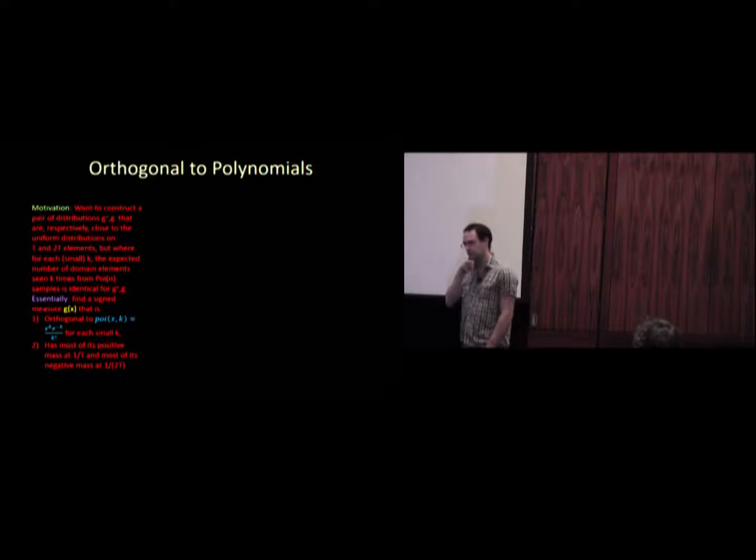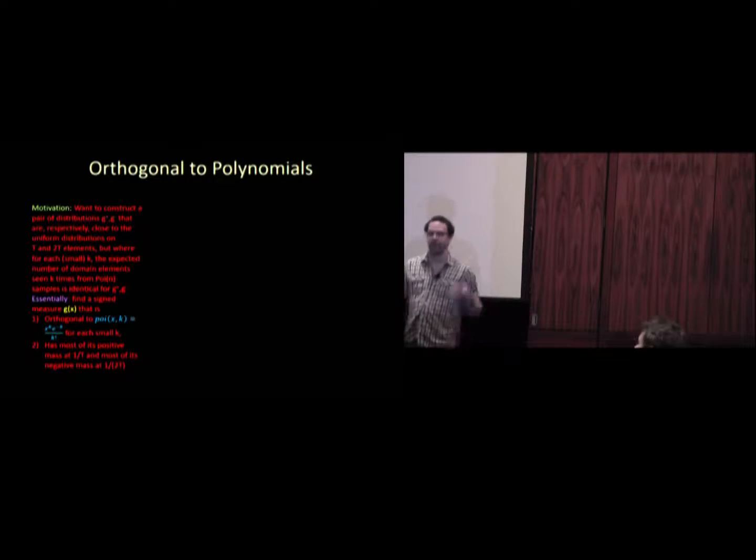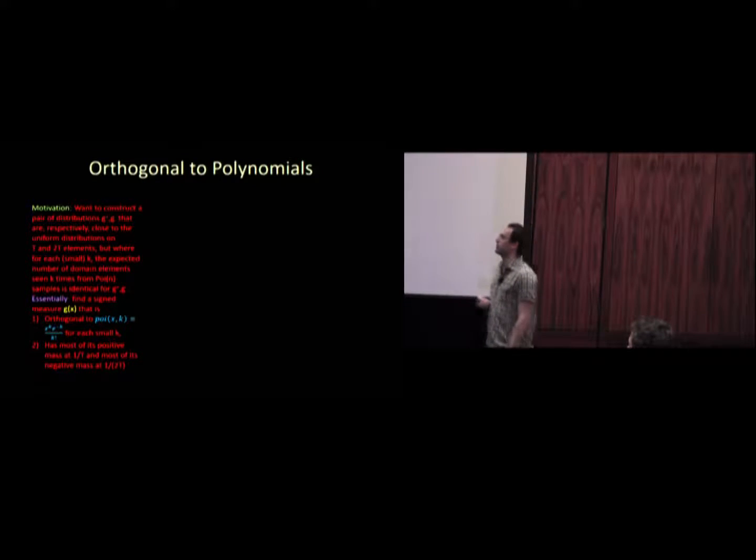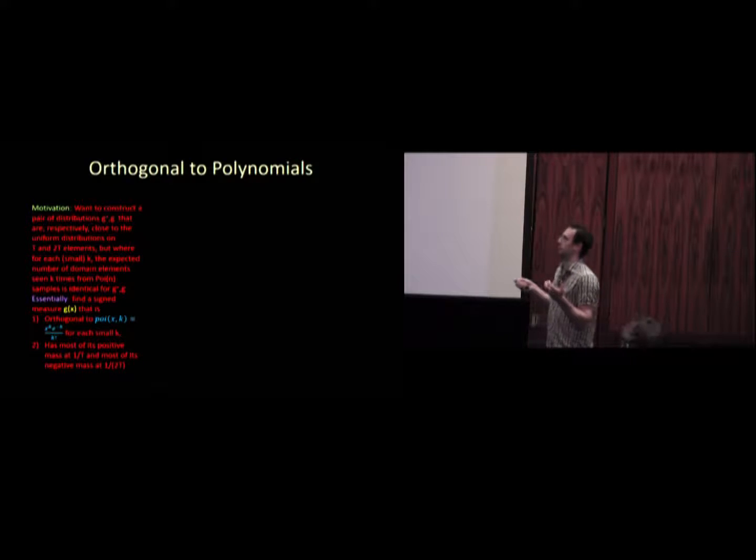So we want to show that there's a pair of distributions that are actually indistinguishable, but have very different entropy or support size, or something that we care about measuring with our population of fish. So what we want to do is construct a pair of distributions, G plus and G minus, that we really want to be able to tell apart.